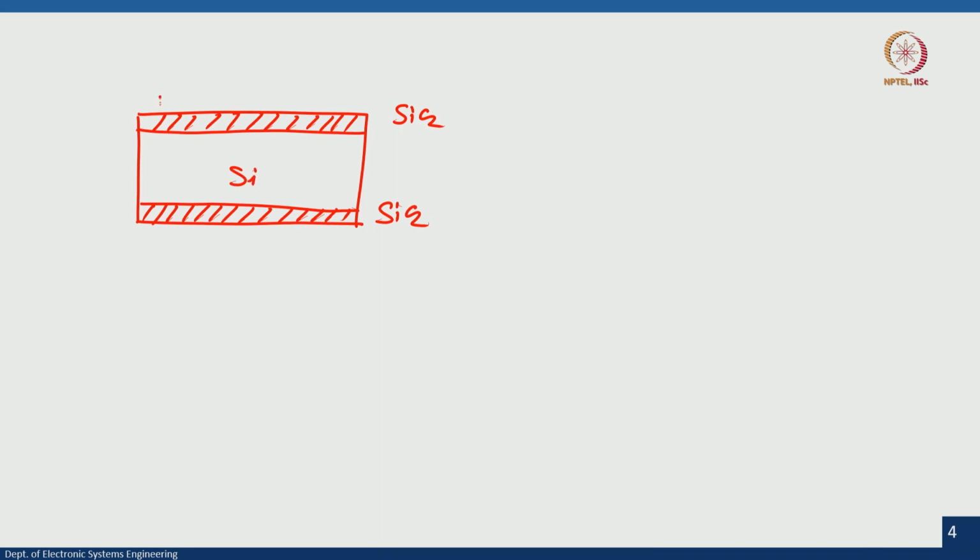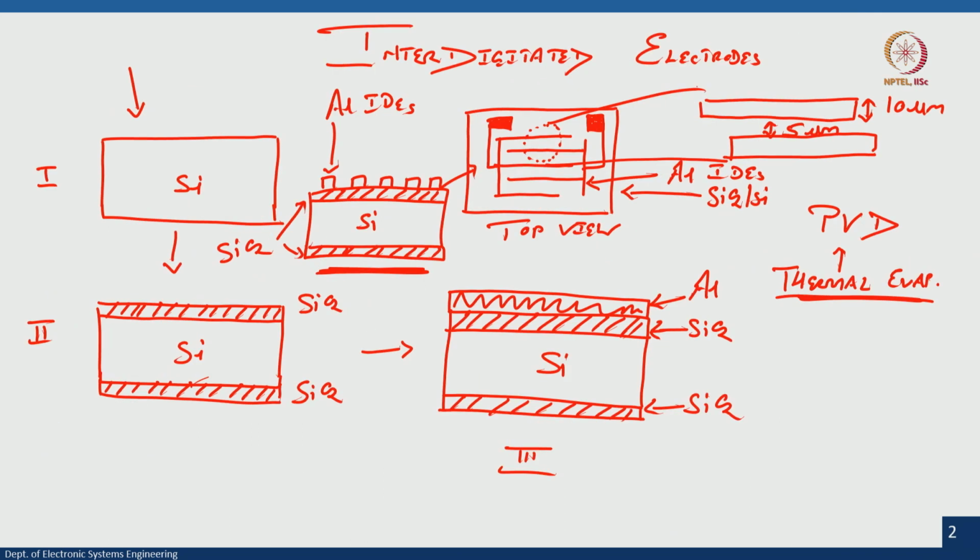So, what we will have is, okay, aluminum interdigitated electrodes. You see, now let us say this is 8. Now, remember this pattern. Let us go back, one step back, two steps back.